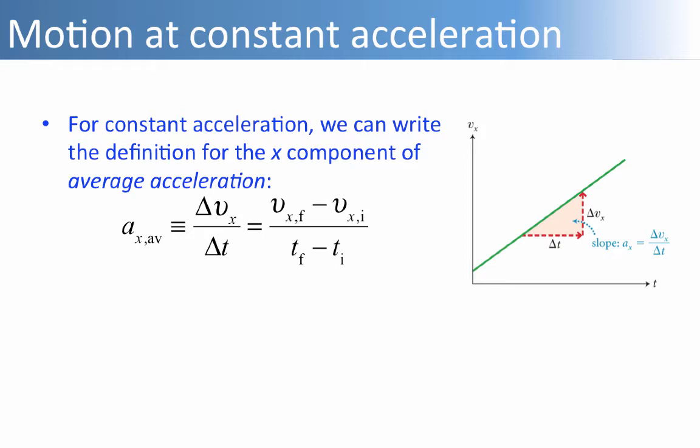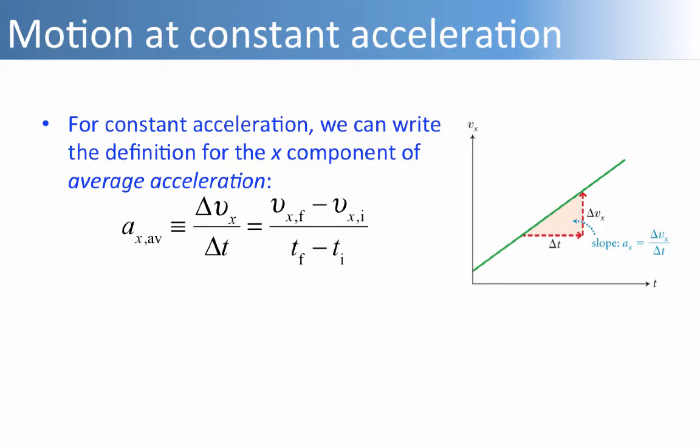When we're dealing with constant acceleration, we see a plot here on the right. Velocity versus time is a straight line. And we can write the definition for the x component, because we're dealing in one dimension, of average acceleration as change in velocity divided by change in time. In other words, the slope of this line.